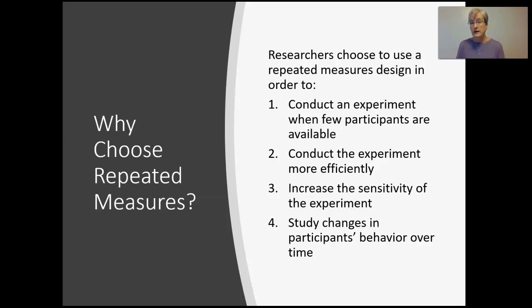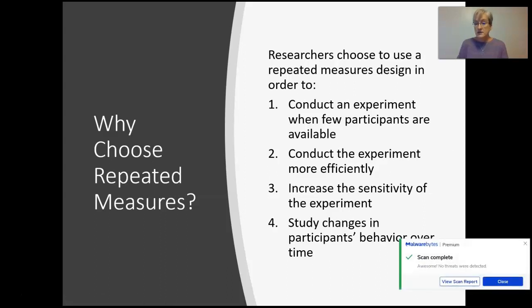That's what happened with my senior research group. We only had so much time to do data collection, so we wanted to maximize our use of a small sample. So if you want to conduct an experiment where only a few people are available, or you have other kinds of limitations on subject time, this may be an advantageous design.